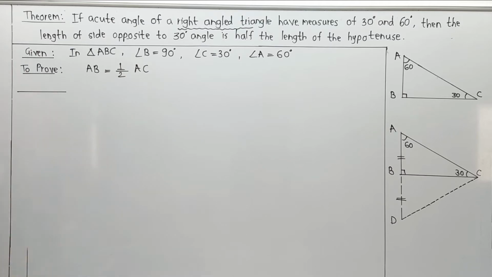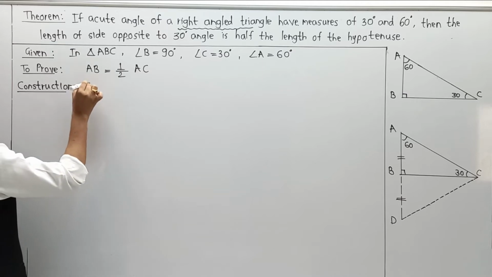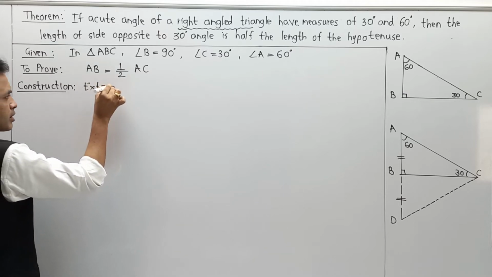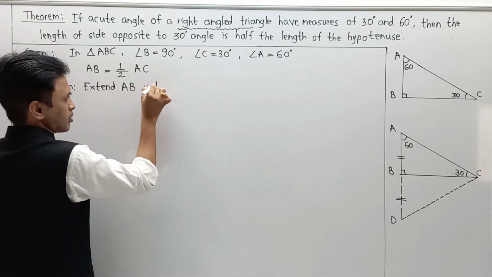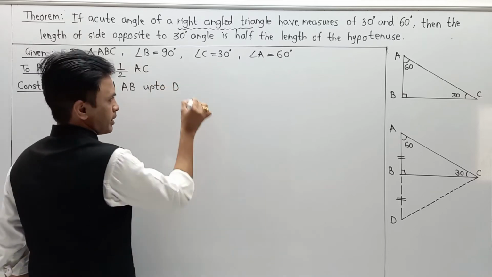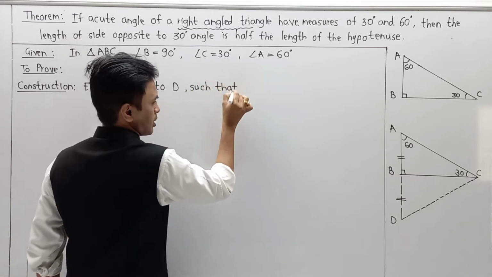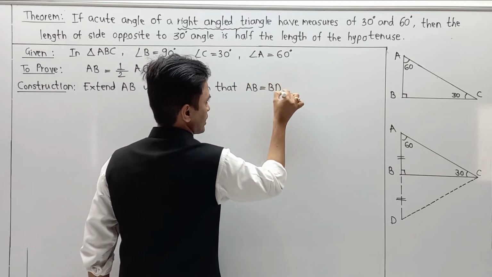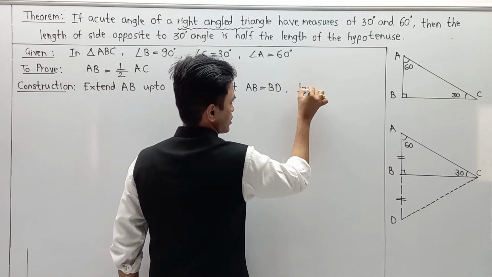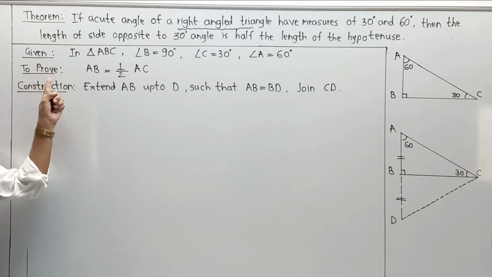So we write this in terms of construction: extend AB up to D, such that AB is equal to BD, and then join CD. In this way we are able to write given, to prove, construction.